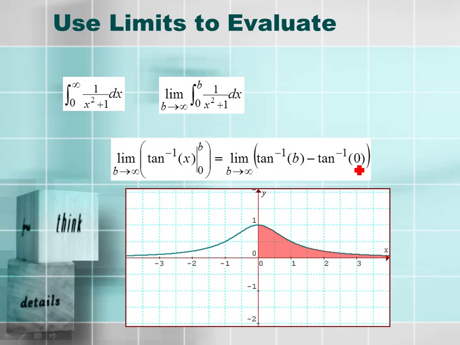Remember, with tangent inverse, I'm trying to find the angle whose tangent is the given value. The angle whose tangent equals 0 is 0. But for this one, I'm looking for the angle whose tangent equals infinity. So now I've got to think about what that means.